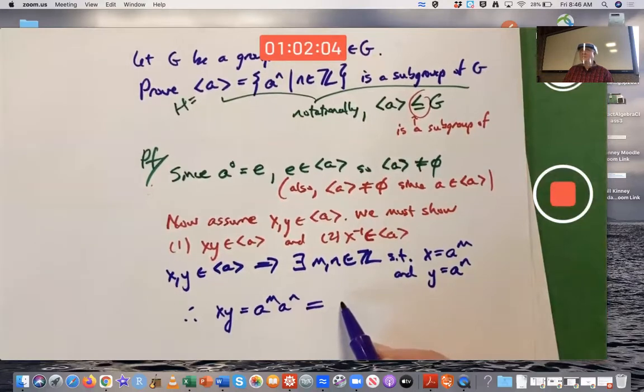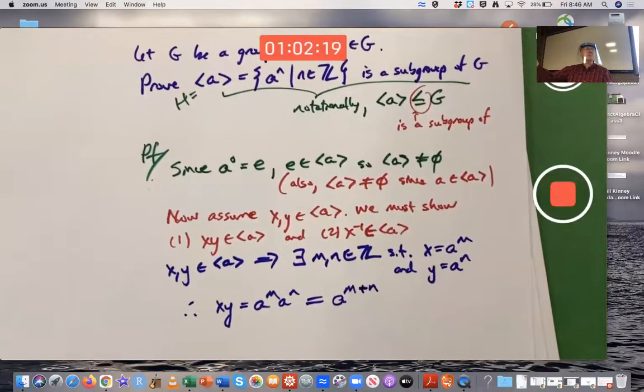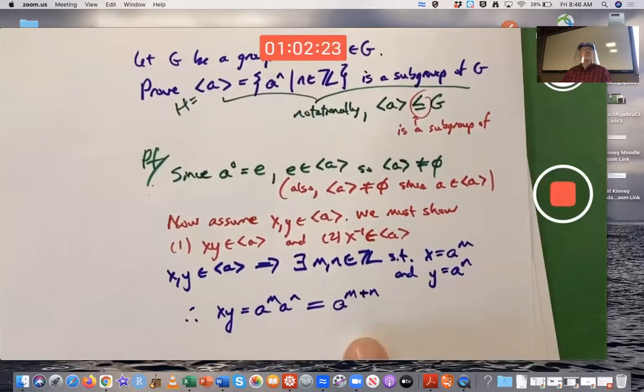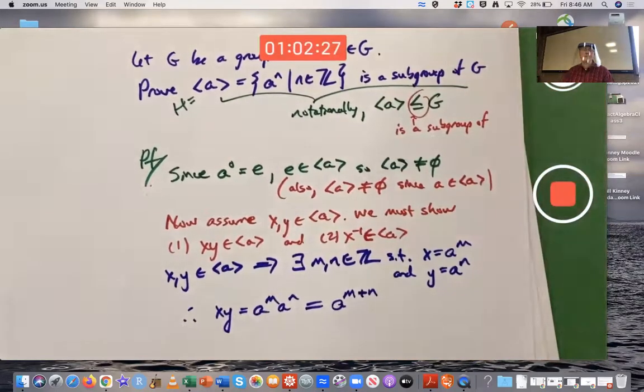Do what you would do even if you knew nothing about groups here. If you just thought these were numbers, add the exponents. But wait a minute, is that allowed? Yeah, if you look back in chapter 2 in the reading, you'll see it's allowed. They mentioned this is true even if G is not commutative, not abelian.